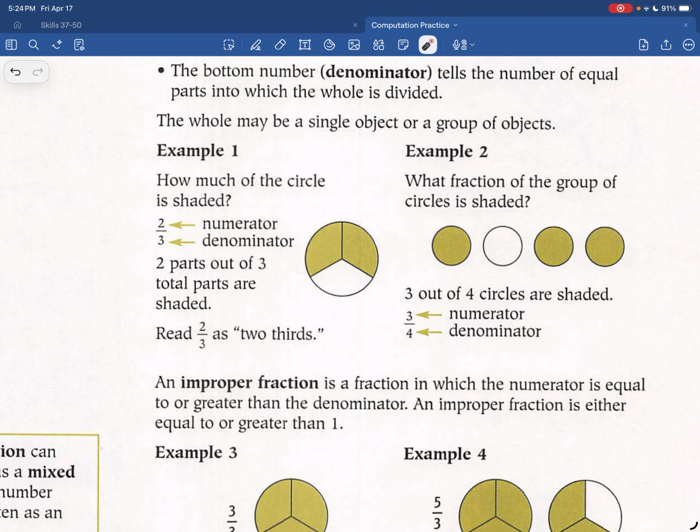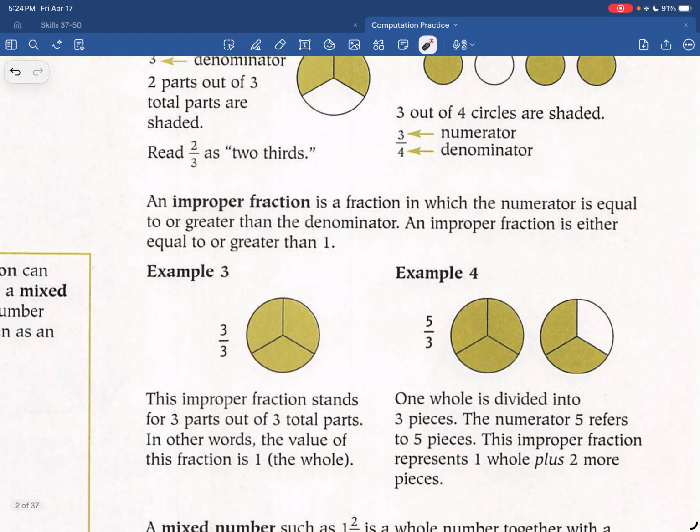Example 2, what fraction of the group of circles is shaded? 3 out of 4 circles are shaded, so we would call this 3/4. If you wanted to know what is not shaded, you would have only 1/4. Those are proper fractions.